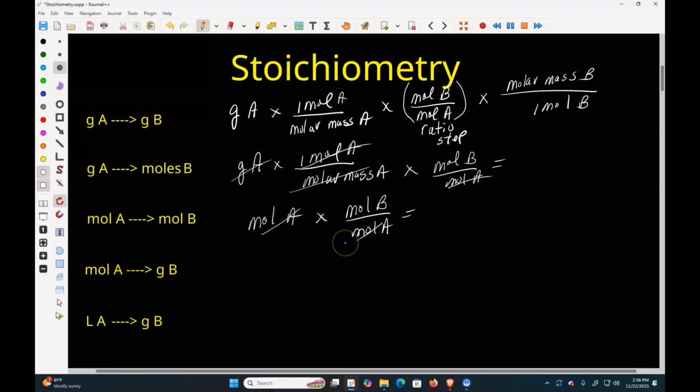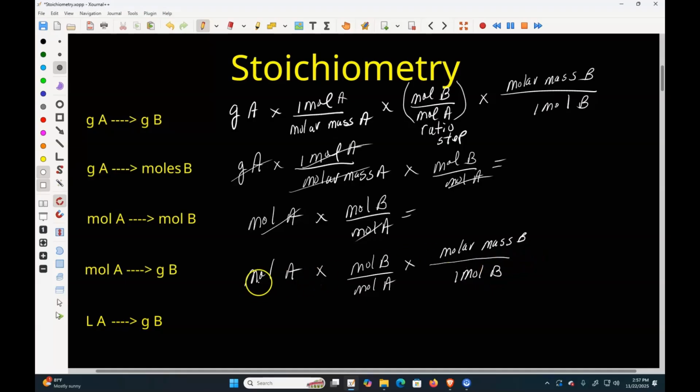That would give me moles of B. So moles of A, I'm looking for grams of B. I multiply it times the ratio step, then times the molar mass of B over 1 mole B. So moles A's cancel, moles B gives me molar mass of B.